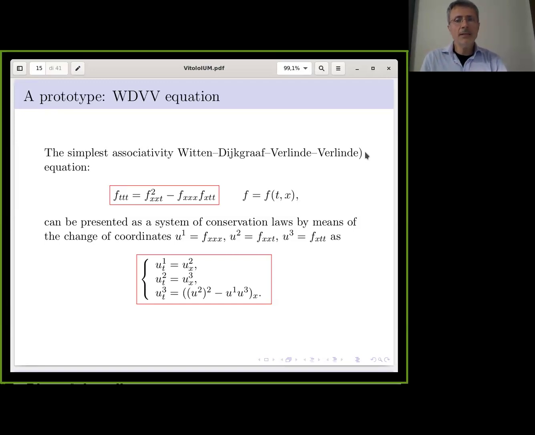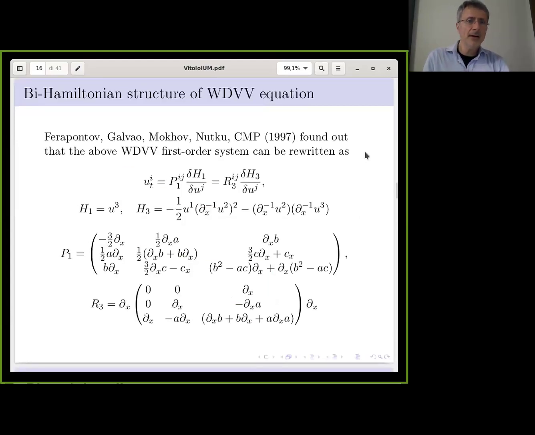And this is the prototype evolutionary system which corresponds to the simplest associativity equation. And for this system, we have a clear notion of what is a Hamiltonian system and how to look for Hamiltonian operators and so on. In this particular case, it was found by Ferapontov, Mokhov, and others, and Mokhov and Galvão, that this system has a bi-Hamiltonian formalism with exactly two operators.